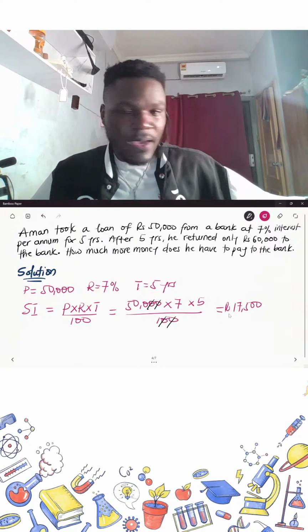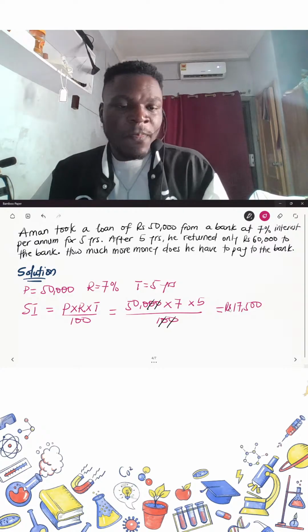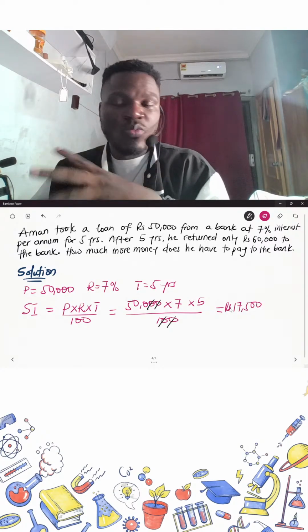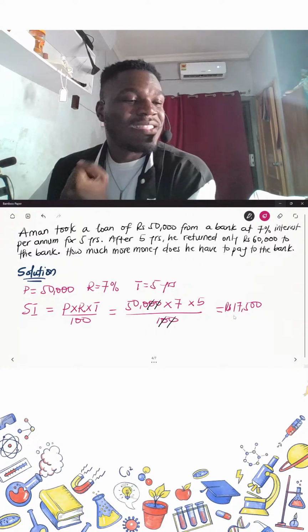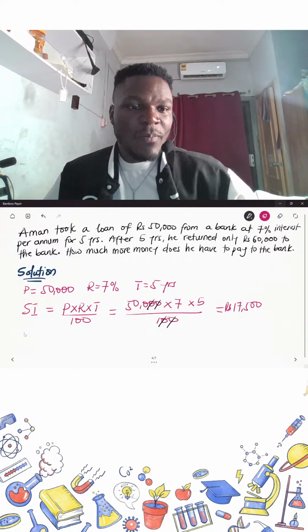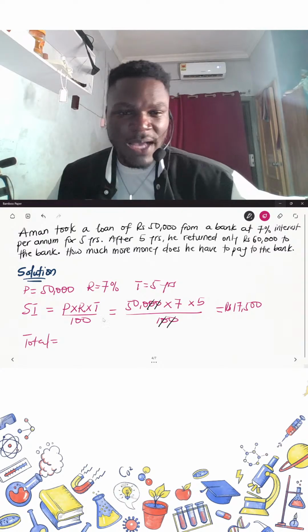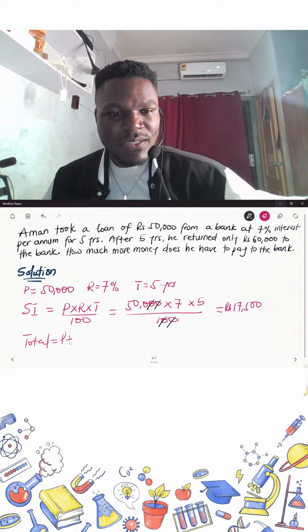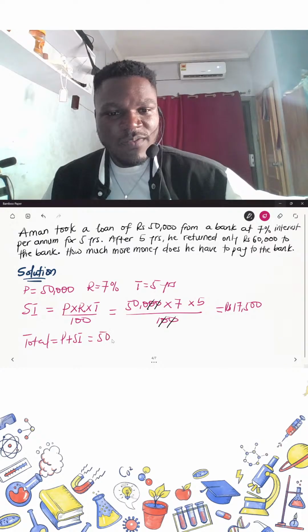So it means that the interest that the man has to pay on the amount of money that he borrowed, which is the 50,000, is 17,500. So it means that the total that he has to pay to the bank, like we said, is the principal plus the interest, and that will be equal to the 50,000 plus 17,500.